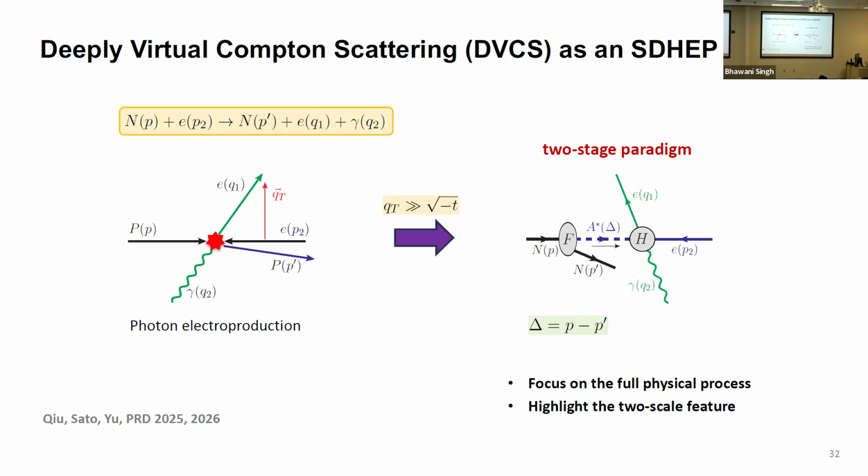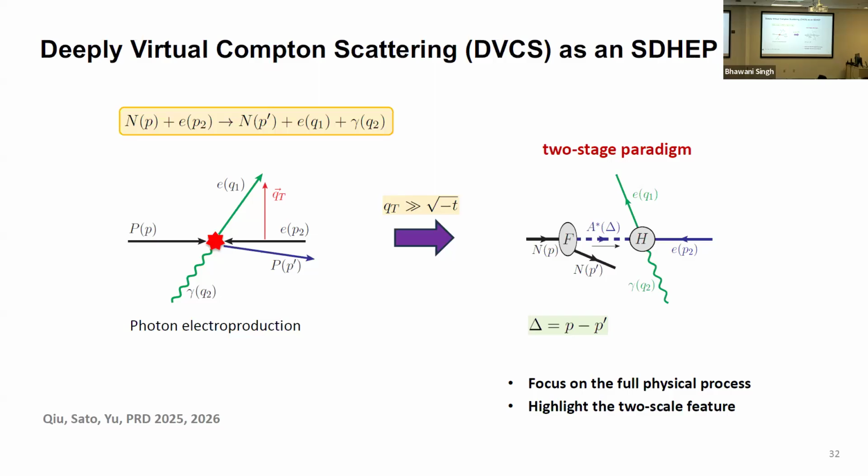And the hard scale here is, again, given by the large transverse momentum of the scattered electron. Using our two-stage picture, this happens by exchanging a virtual state, A star, between the diffracted nucleon and this electron. And the scattering between the A star and the electron creates another electron and the real photon.